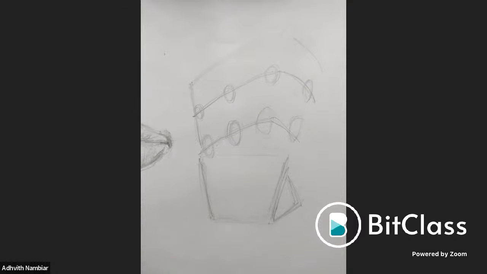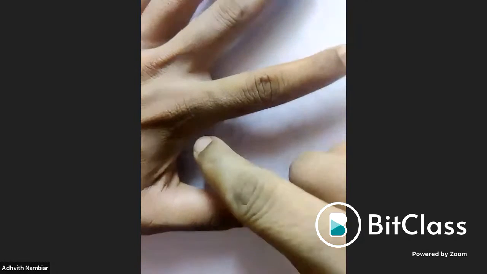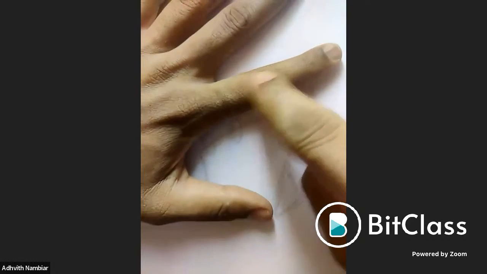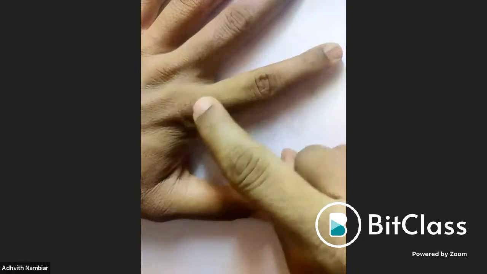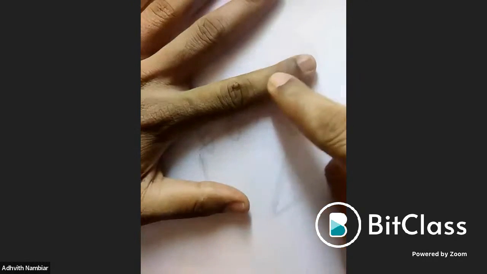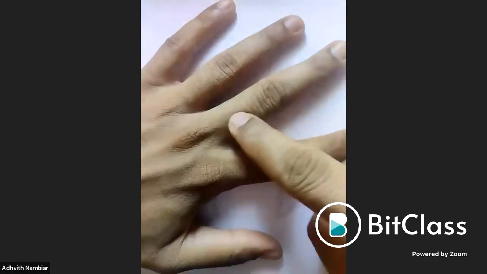Instead of thinking of the entire finger, why not just think of them as cylindrical segments? Because that's what they are. It's a segment in between two pebble shapes: a segment, a pebble shape, then another segment, and then a pebble shape. It's the same everywhere.